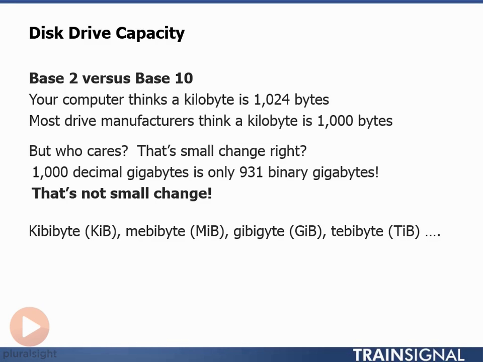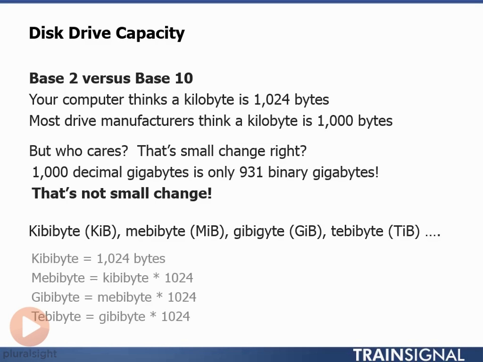These all adhere strictly to the binary. As we can see at the bottom of the slide, a kibibyte is 1024 bytes. A mebibyte is 1024 kibibytes. A gibibyte is 1024 mebibytes, and a tebibyte is 1024 gibibytes.